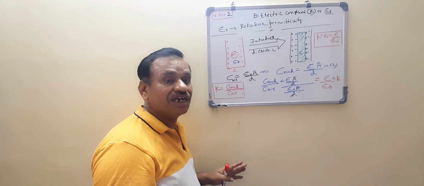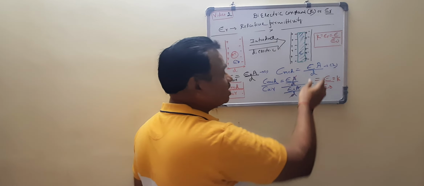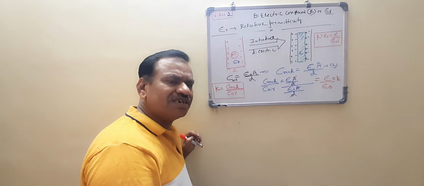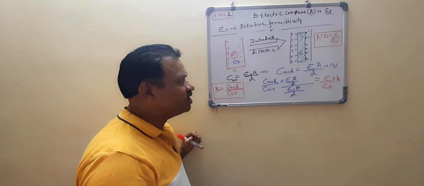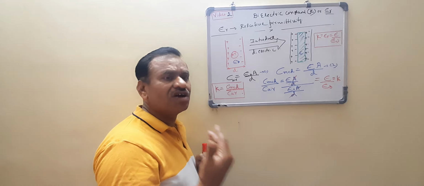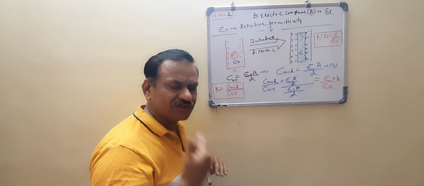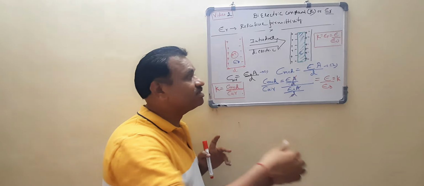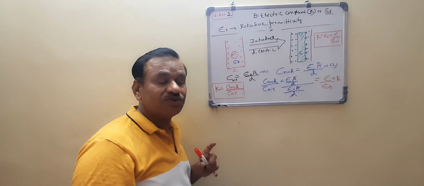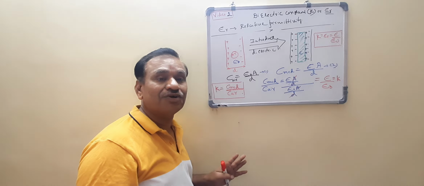Some mobiles do not need recharging for 2 days, and some specify the number of talking hours. We can talk continuously for 8 hours, 12 hours, 16 hours. If the number of hours increases, the capacity of the battery is increased.